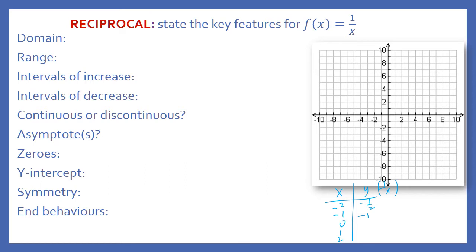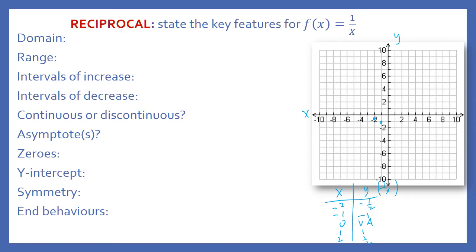So what that means is you have an asymptote. X can't be 0, which means you have a vertical asymptote. 1 divided by 1 is 1, 1 divided by 2, 1/2. So this is x, this is y. So negative 2, negative 1/2 is right there. Negative 1, negative 1.